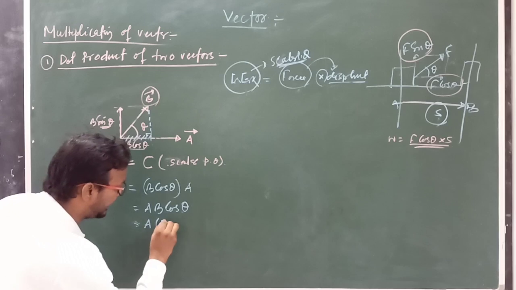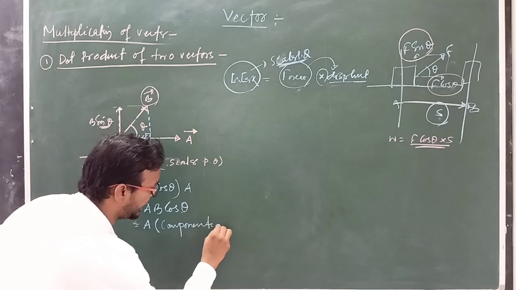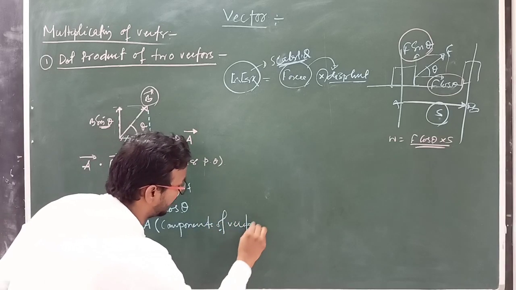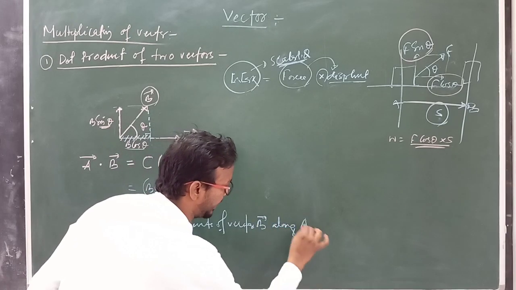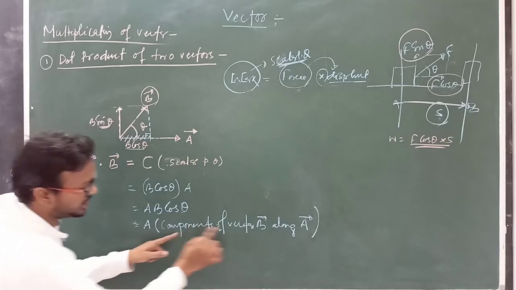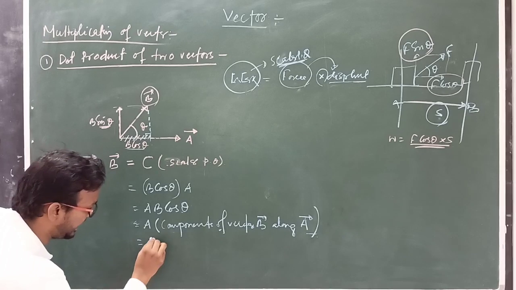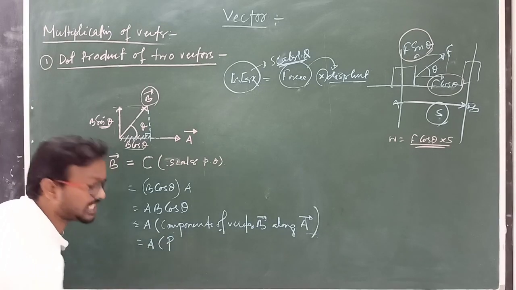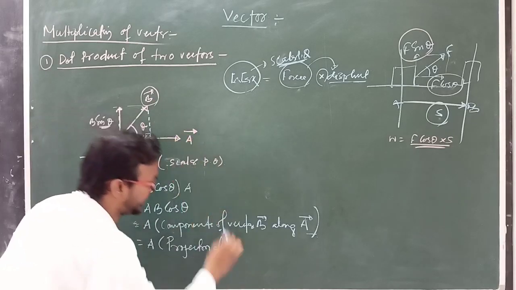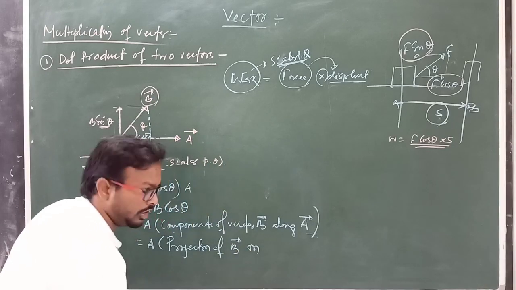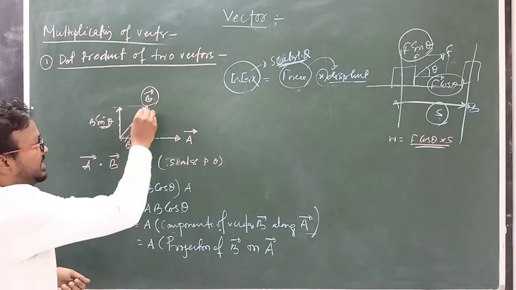Projection, or you can write rectangular component, or component of vector B along vector A. Component of vector B along A. It is also known as projection. Projection of B vector on A vector means this is projection.